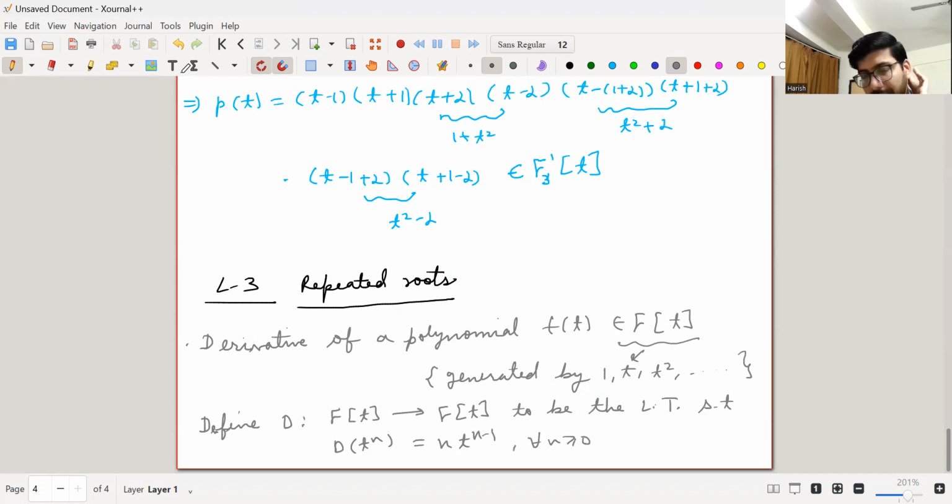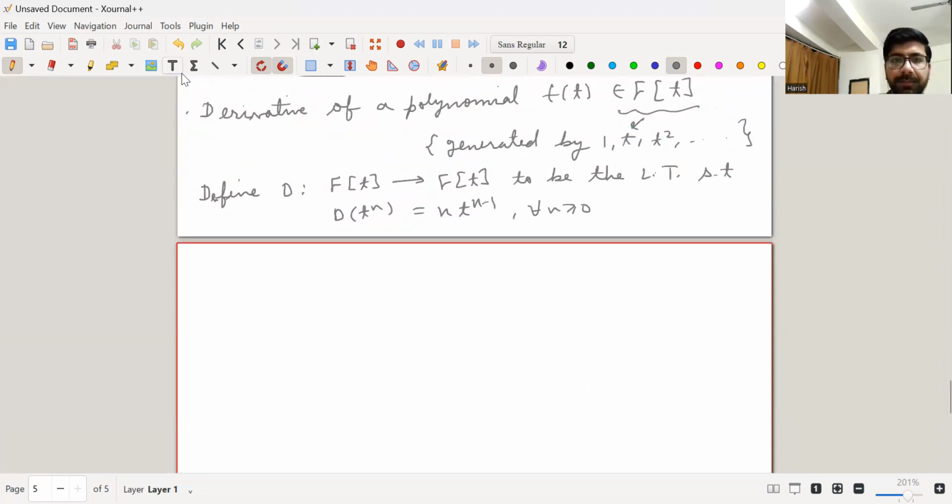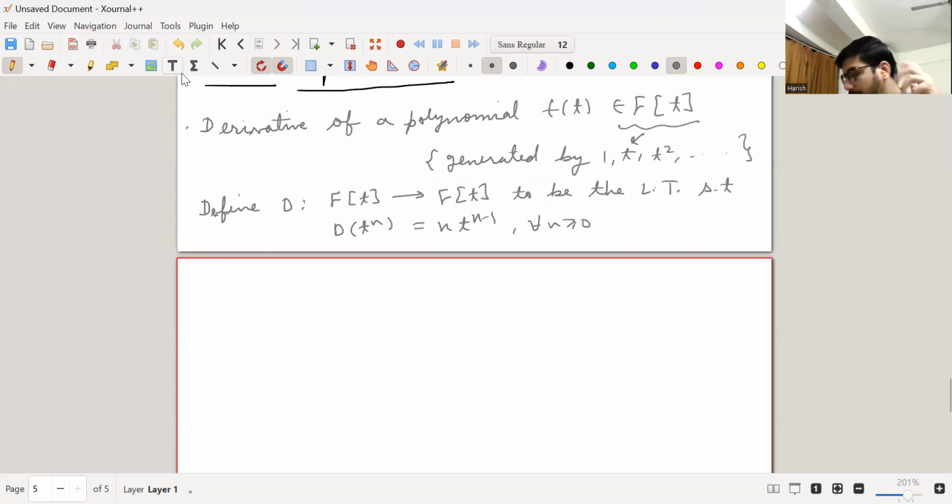So once you define it on the basis, then as it's a linear transformation, it will also be defined on addition and on scalar multiplication. Thus, it is defined for any polynomial, because any polynomial is just a linear sum of these basis elements. So that's how the derivative of a polynomial is defined. So this is a linear transformation.